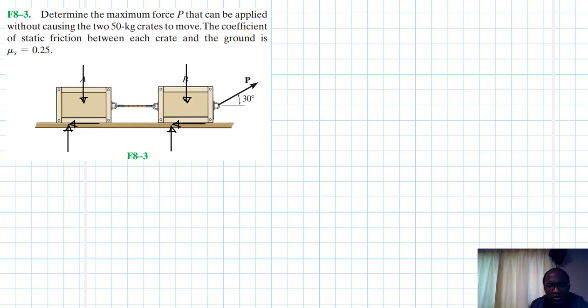Let me just draw this line from there to here, and also this one like so, and also this distance there.